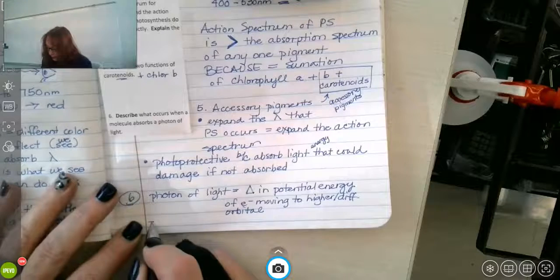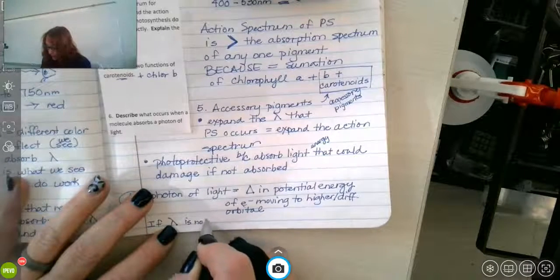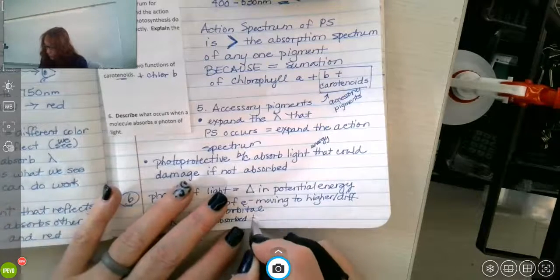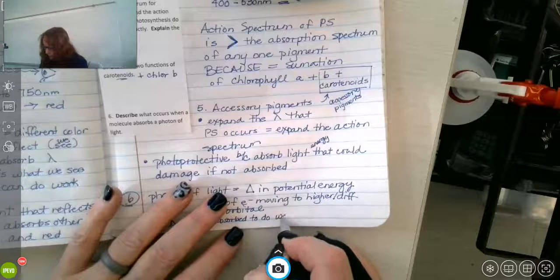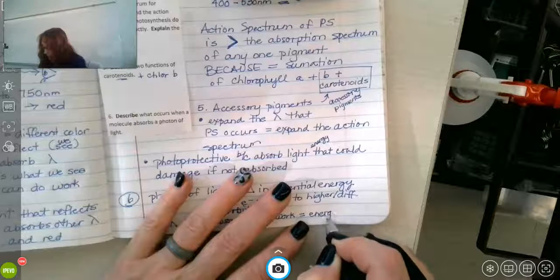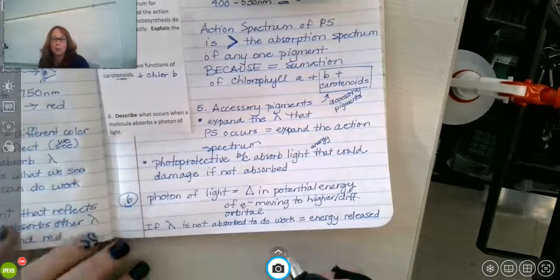So if a wavelength is not absorbed to do work, that energy is still there, and it's going to be released as heat and or light.